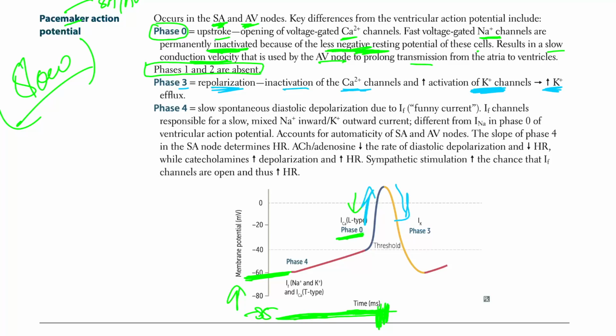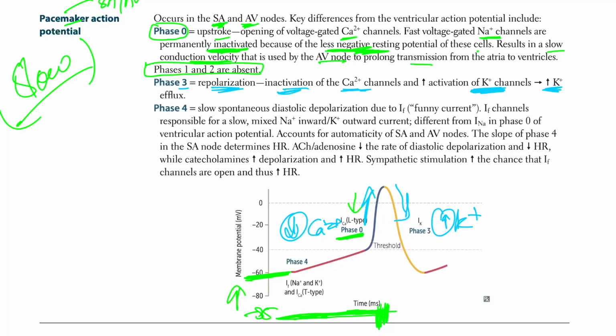So you're inactivating calcium, but you're activating potassium channels that cause efflux of potassium, and there's influx of calcium in phase 0.